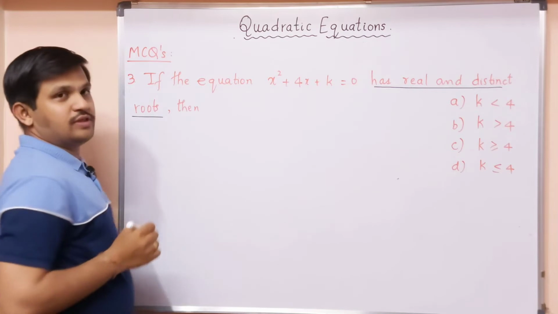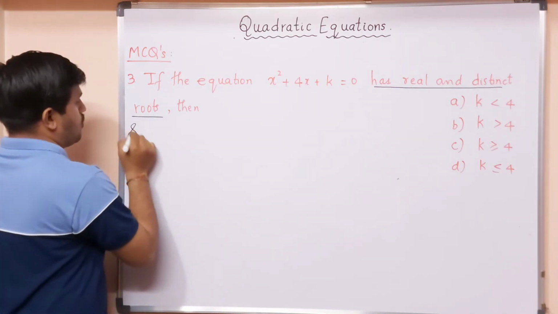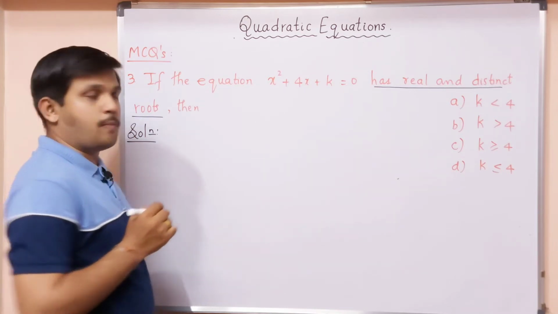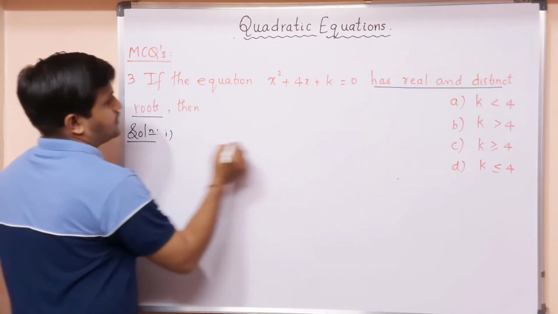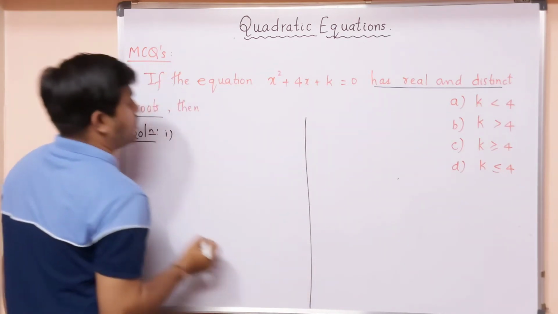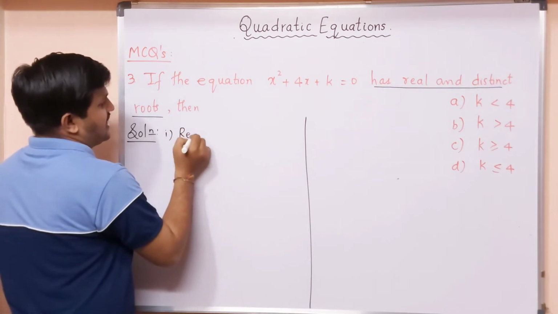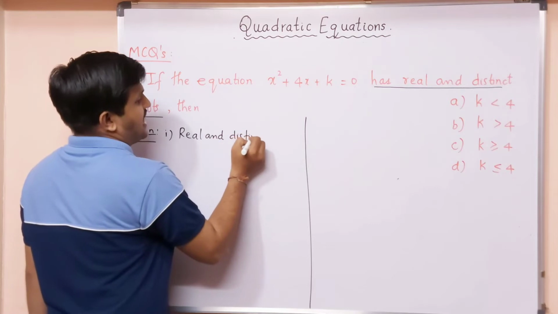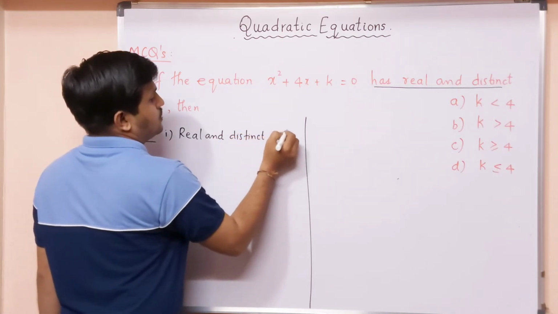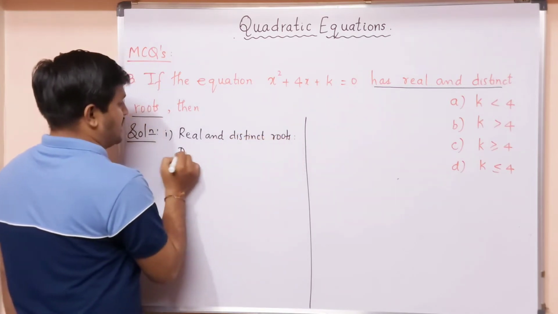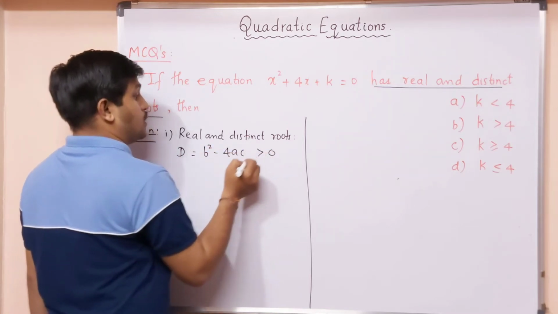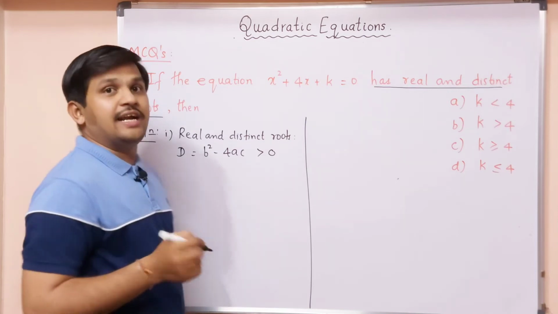As I said, with respect to the nature of roots, what are the points you have to know? First, let us list them properly. The first point is, if it is a real and distinct root, then what is your discriminant? Discriminant b square minus 4ac is greater than 0, strictly greater than 0.